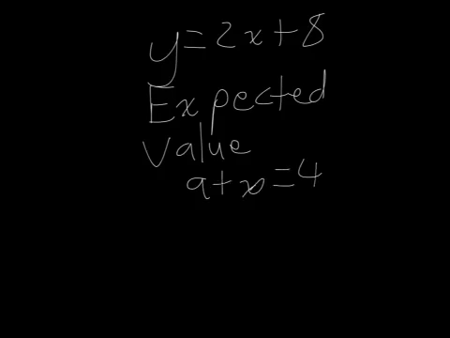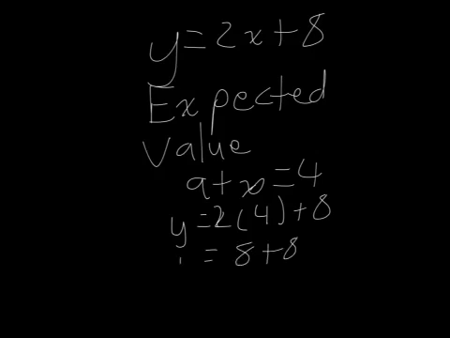To find this, all we do is plug in, or substitute, x equals 4 for x. So y is equal to 2 times 4 plus 8. 2 times 4 is 8, plus 8 is going to equal 16. So we get y equals 16. So the expected value at x equals 4 for this line is going to be 16.